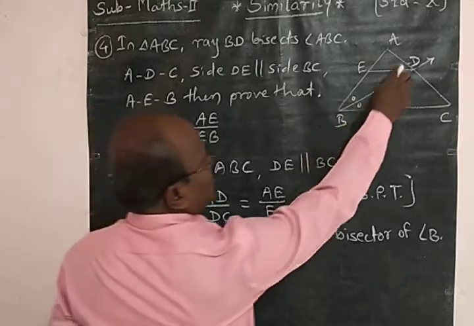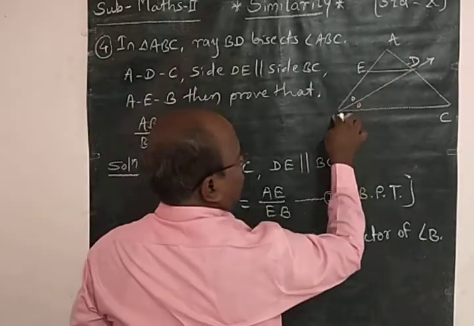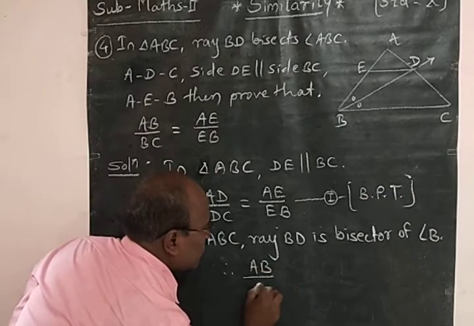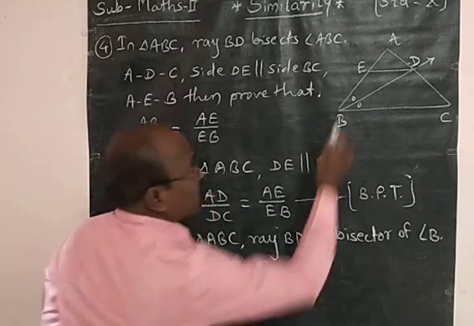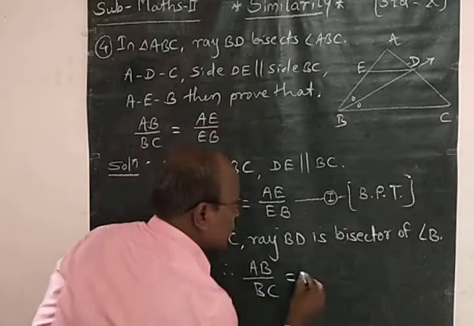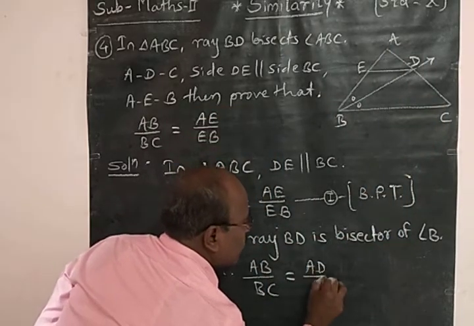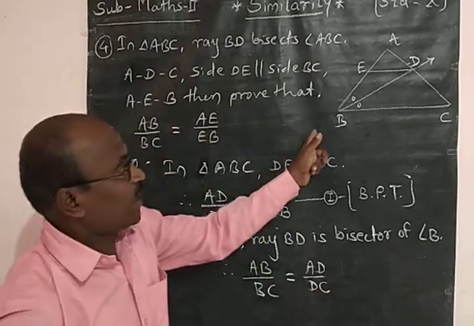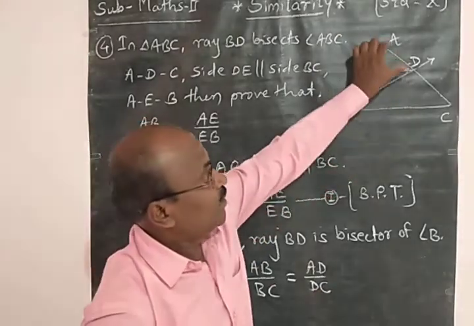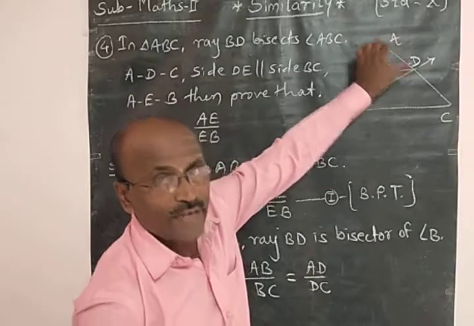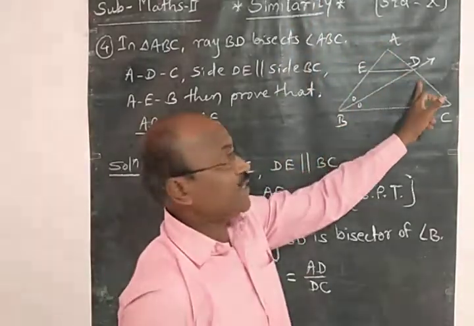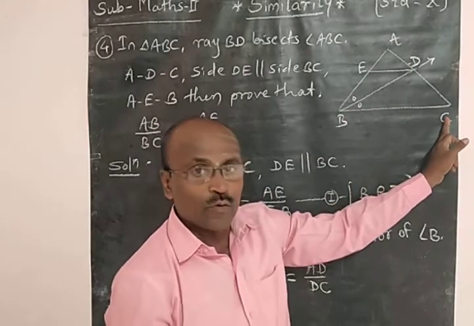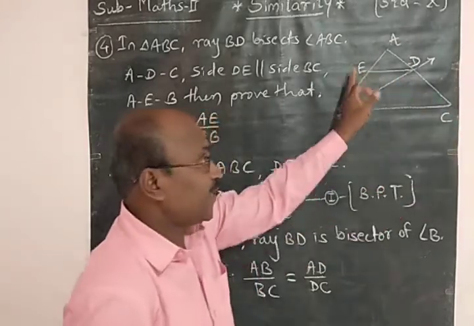So write AB upon BC is equal to AD upon DC. This angle bisector divides the opposite side, that means AC, in the ratio of the remaining two sides.